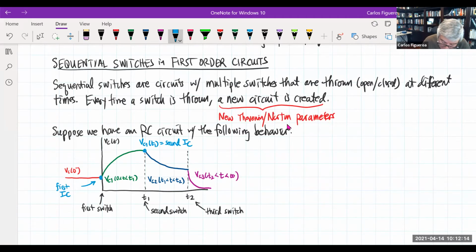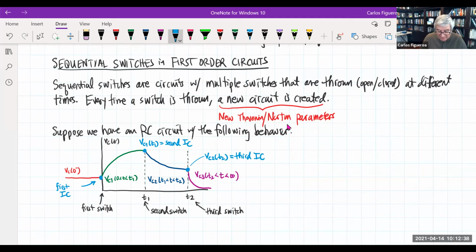And then you'll see here that I go through the second interval here. There's another initial condition. This is the initial condition for the third interval. And then this guy here is going to be what? It's got to be VC of 2 at what time? T2. This will be my third initial condition.